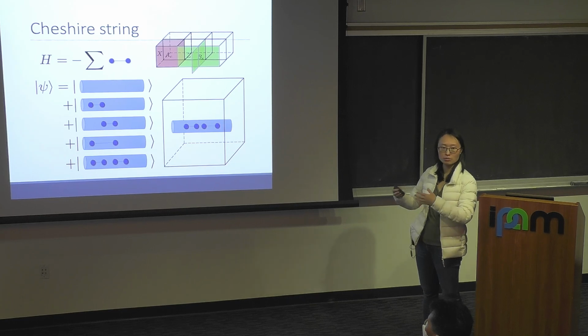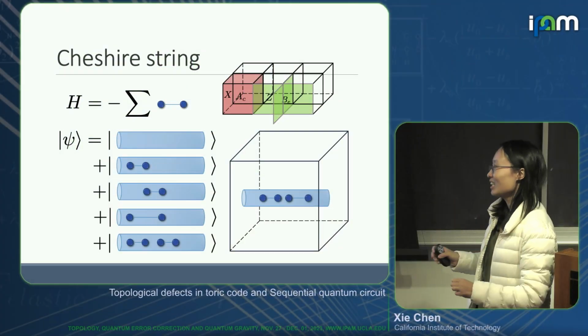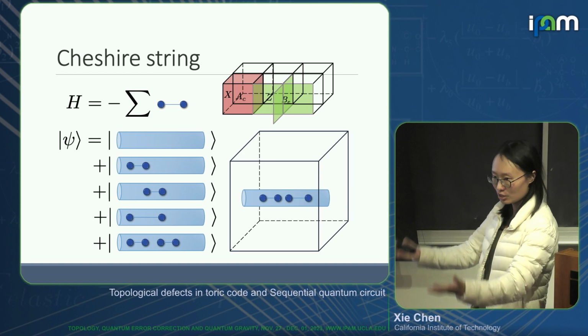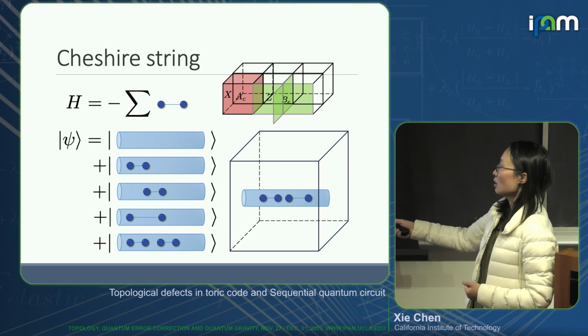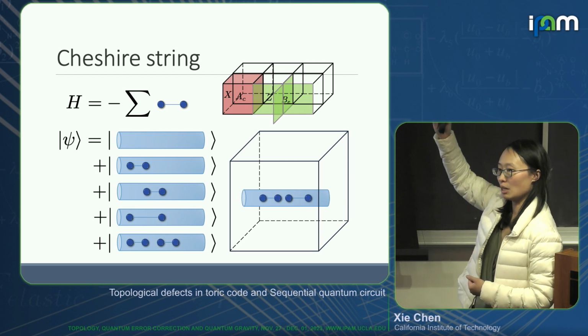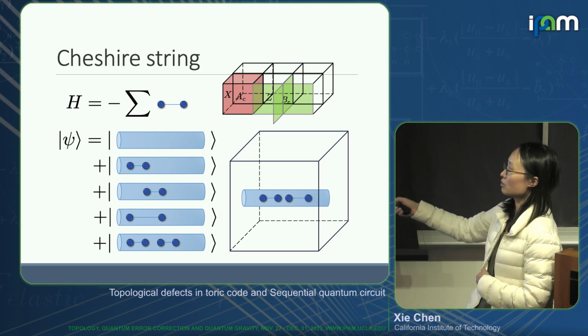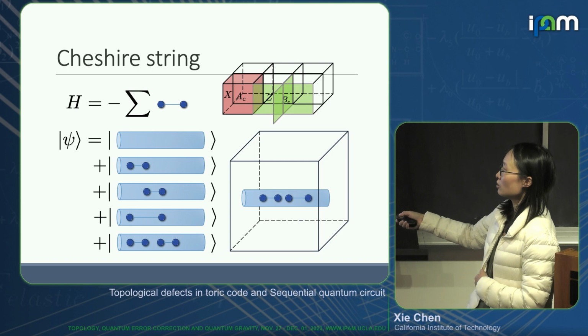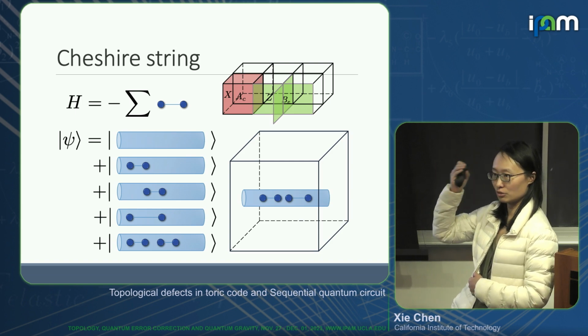Of course, in principle, we can do this to any region inside the bulk. But for the higher category structure, there's a reason that people want to start from the one-dimensional defects and then go down the dimension or go up the dimension from there. Okay. And this turns out to be, of course, the Cheshire string. The one-dimensional one will turn out to be a fundamental object in the so-called higher category structure.